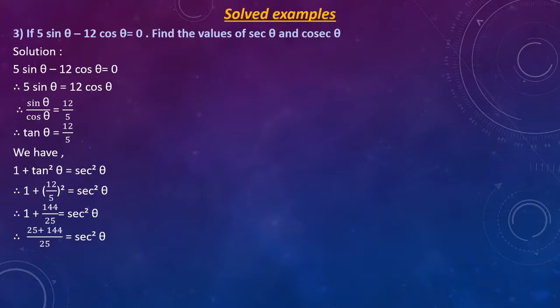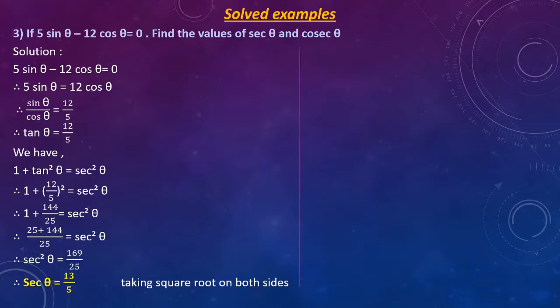Now by taking LCM, we get therefore 25 plus 144 upon 25 is equal to sec square theta. Therefore sec square theta is equal to, adding the numerator part, we get 25 plus 144 is 169 upon denominator remains the same, that is 25. Now by taking square root on both the sides, we get the value of sec theta is equal to 13 upon 5. Now we have found out the value of sec theta.